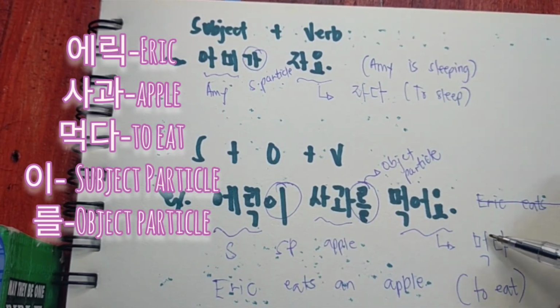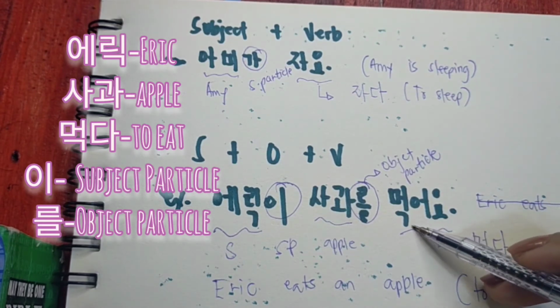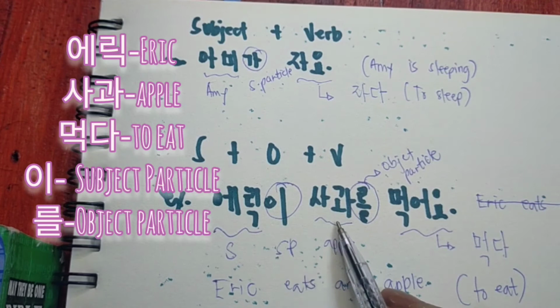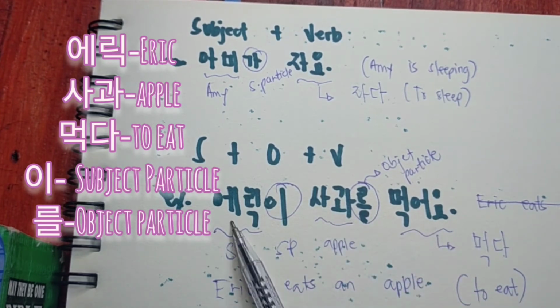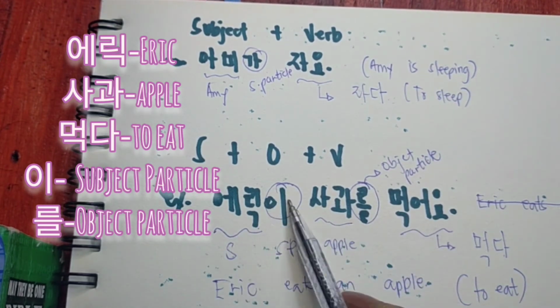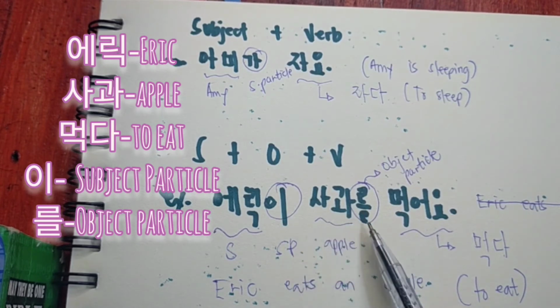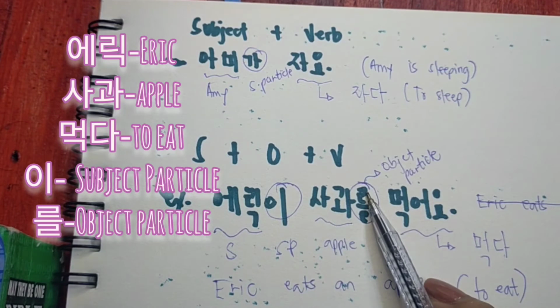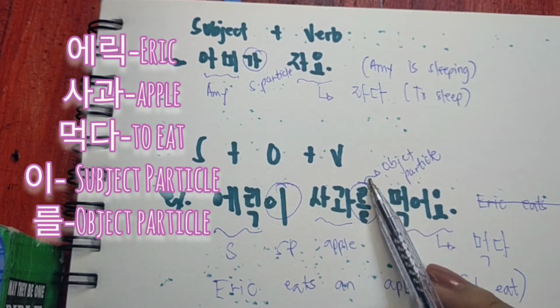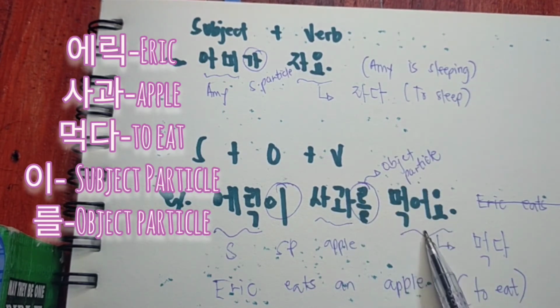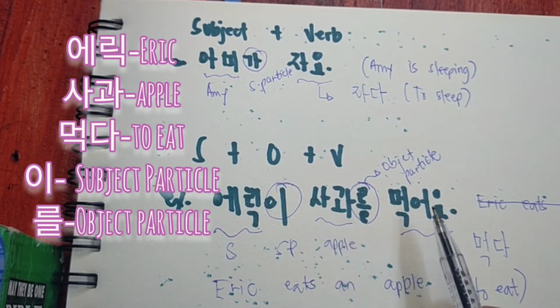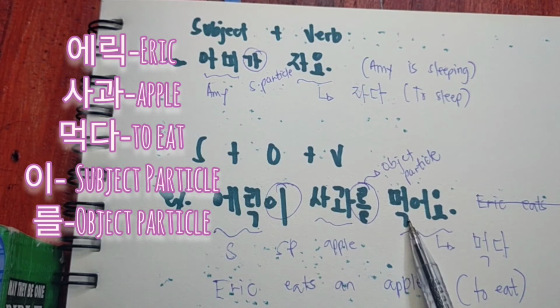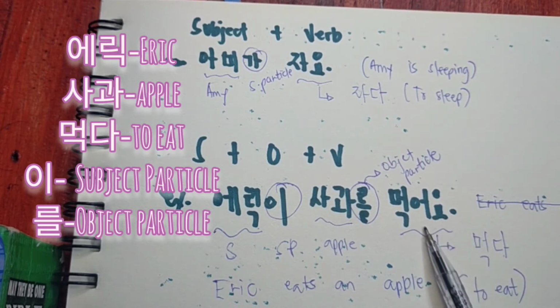So, kinonjugate natin siya. Itong mukta, kinonjugate natin siya sa present tense, naging mogoyo. Eric-i sagwa-reul mogoyo. So, si Eric is yung subject. I, subject particle. Sagwa means apple. Reul, object particle. And mogoyo is yung verb. Sagwa is yung ating object. Mogoyo from the verb mukta is yung ating verb.